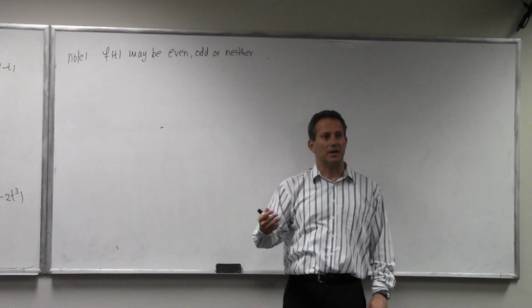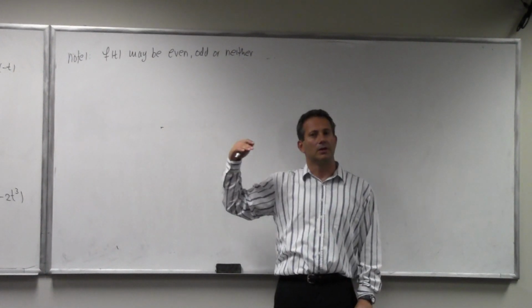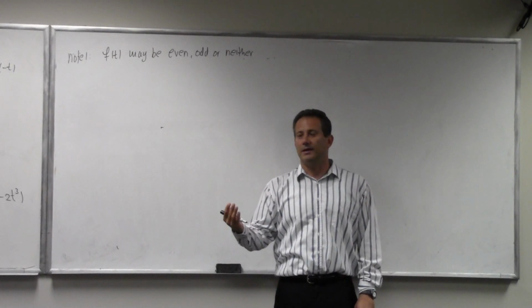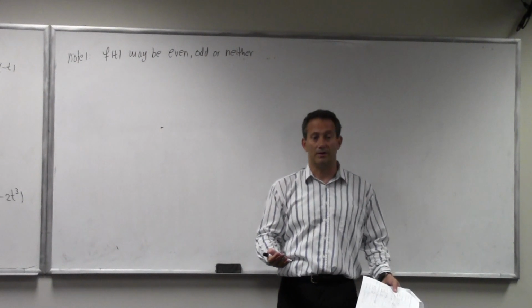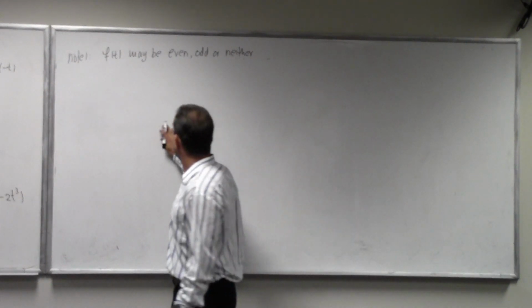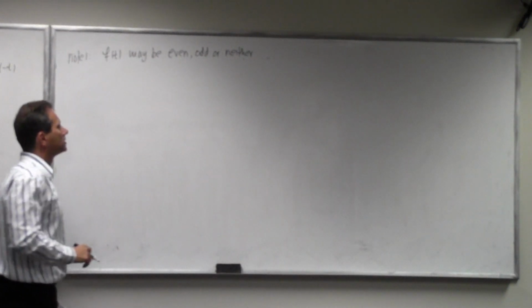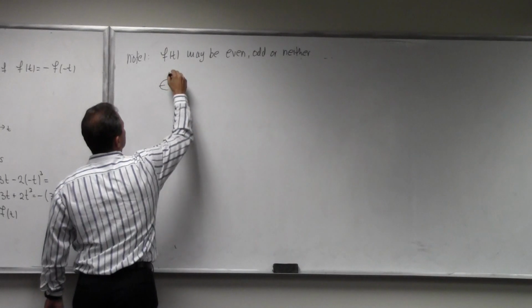The most famous example, and I want to do it here because every time, in exams, for some reason, students forget about it, so let me put it here. The example of a function that has neither odd nor even symmetry is this function, e to the jx.